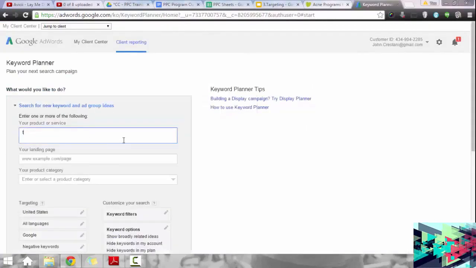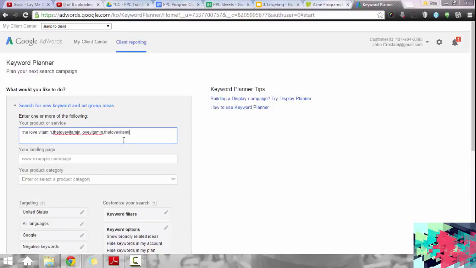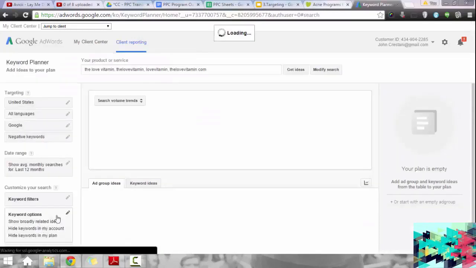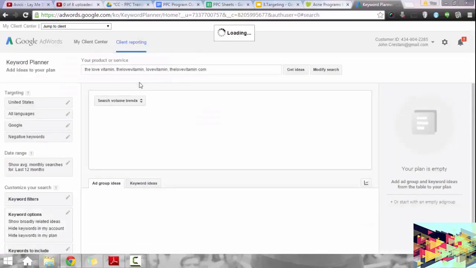First I'm just going to type in a lot of words that are associated with the actual website. Love Vitamin, the Love, now I'm just taking guesses here, lovevitamin.com, of just what people are searching for for this website, because that's the brand name term.